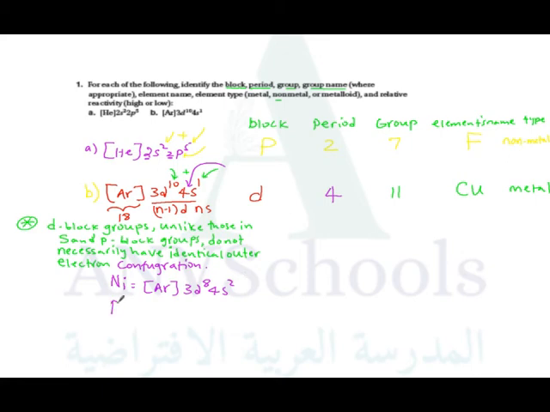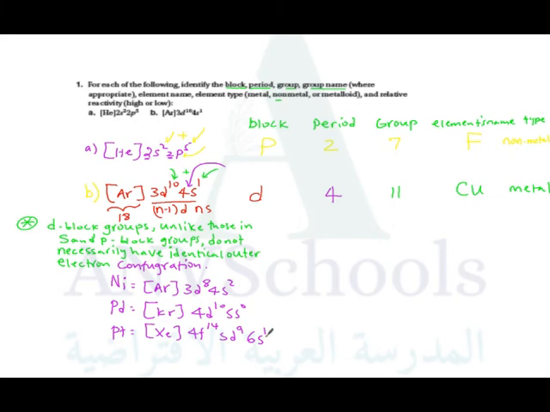If we have palladium, we have krypton 4d10 5s0, and platinum, we have xenon 4f14 5d9 6s1.